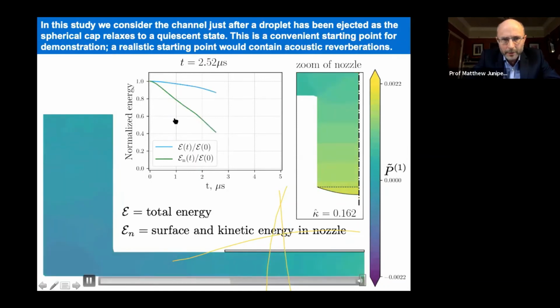And up here I'm plotting, in the green is the energy within the nozzle, and that's all this surface energy of the droplet here, the meniscus. And the total energy is in blue. And the total energy involves both the nozzle energy and also the acoustic energy running through the system. So that was after 5 microseconds, and you can see that the meniscus decays to its flat state, but there's still quite a lot of acoustic energy left within the channel.